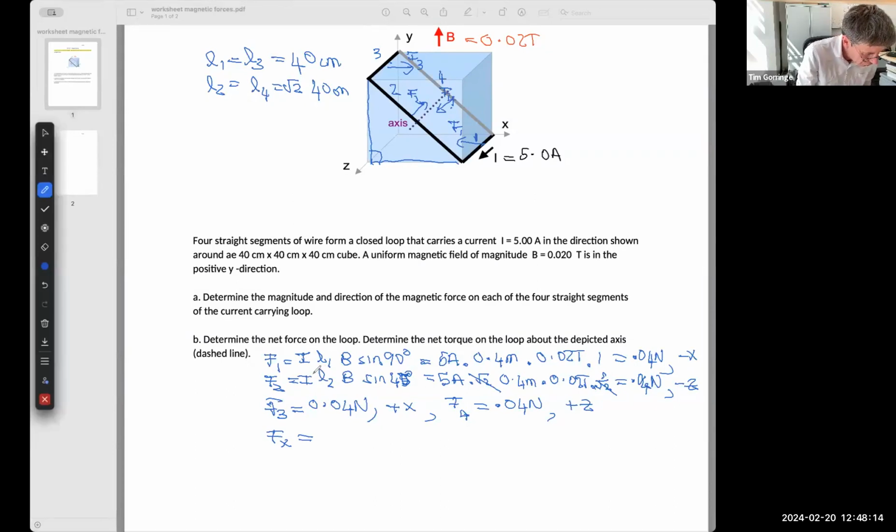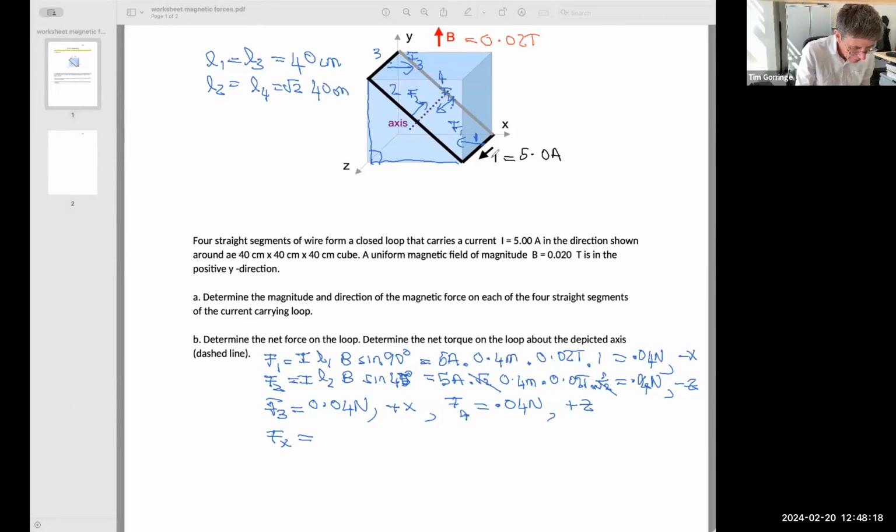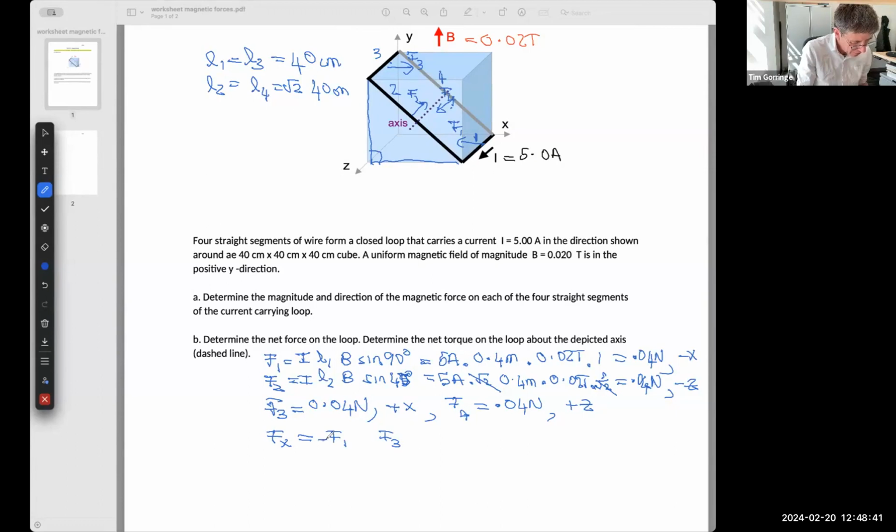One of them is due to force number one on wire number one. That was in the negative x direction. And the other one is from wire number three. The force on wire number three is in the positive x direction. So I've got to add F1 and F3. F1 is in the negative x direction. F3 is in the positive x direction.